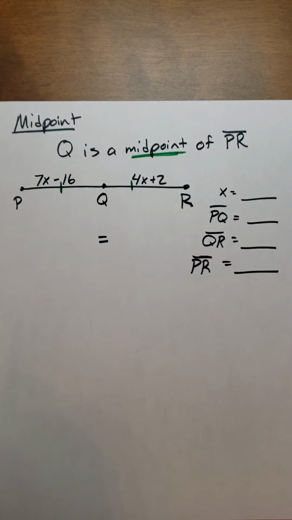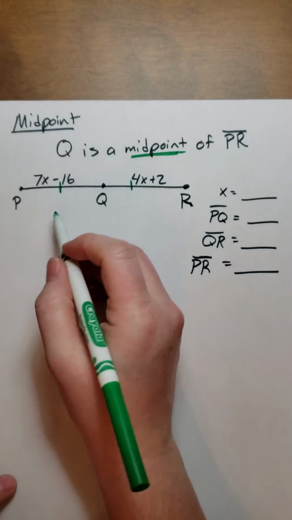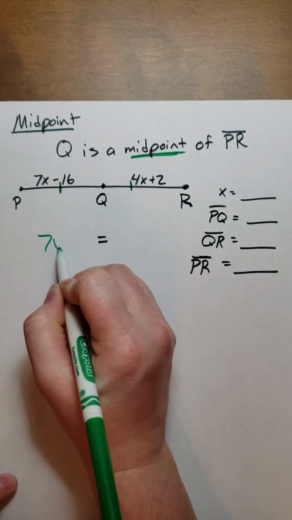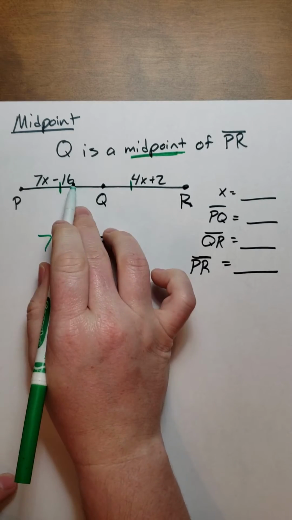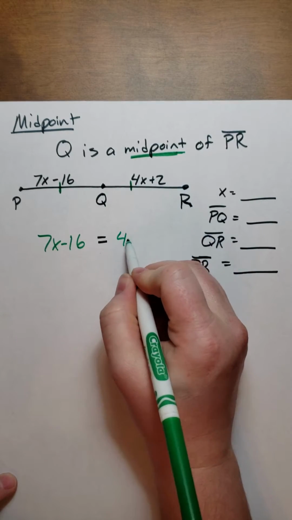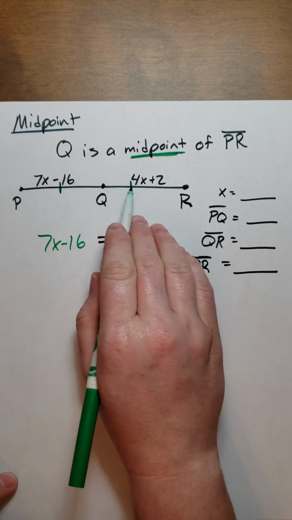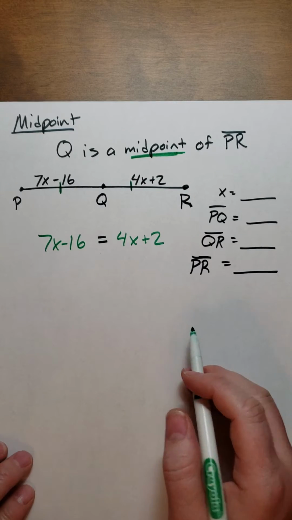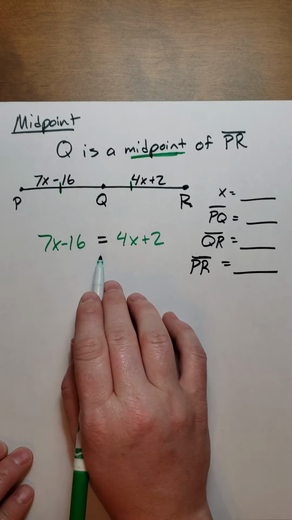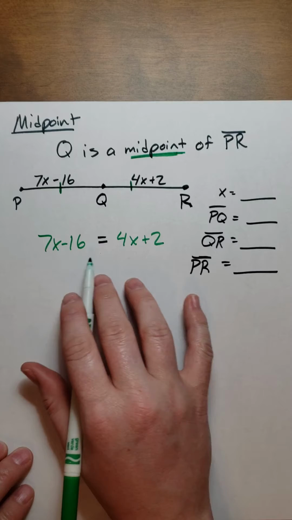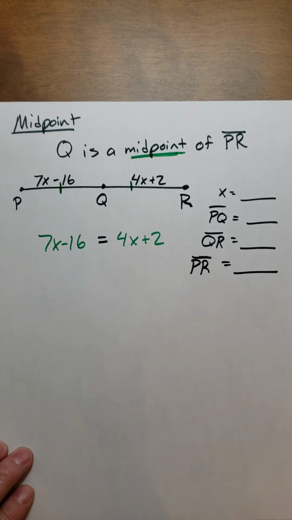So I'm going to go ahead and write this down in green. I know that 7x minus 16 is going to be set equal to 4x plus 2. So both those sides are congruent to each other. Next step in solving for algebra is to see if there's anything to simplify on both sides, which in this case there's not.